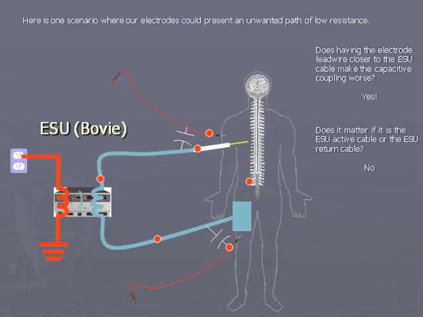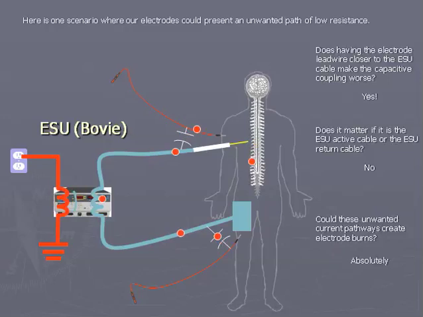Could these unwanted current pathways create electrode burns? Yes. As mentioned, lowering the surface area of the electrode in contact with the patient's tissue increases the chance of an electrothermal lesion due to high current density. Slide 10.